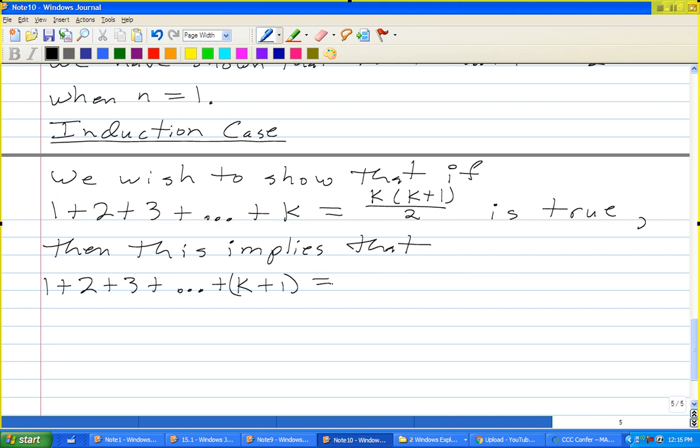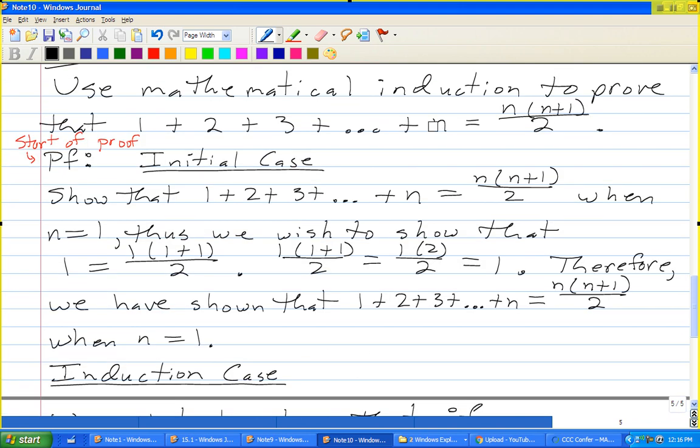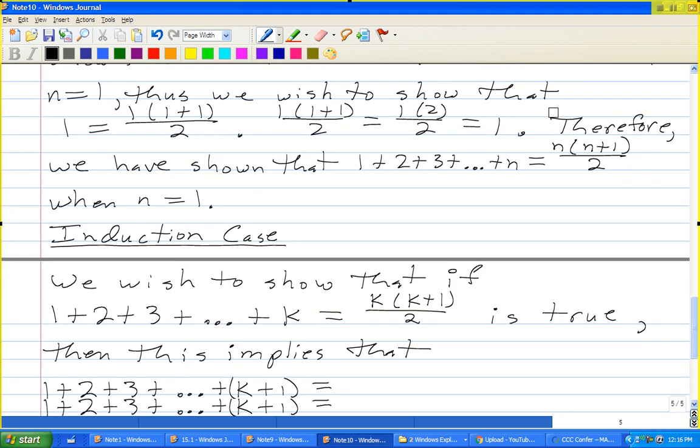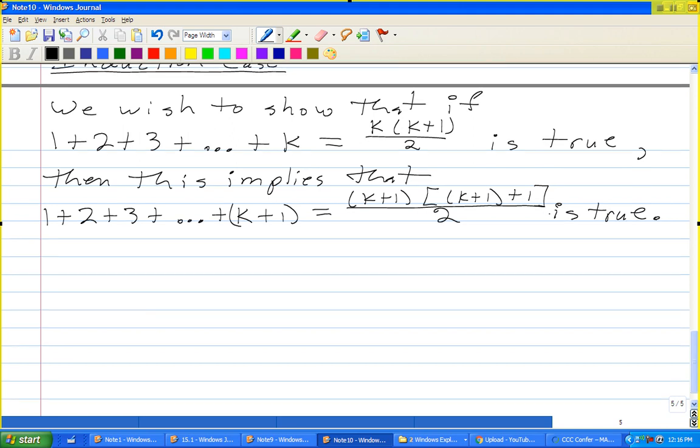Well, where you place n in the formula, you replace by k plus 1. So let's write here k plus 1 times, well, n plus 1 over 2. And so, if I'm able to show that this is true, then I've shown the induction step in the induction case.